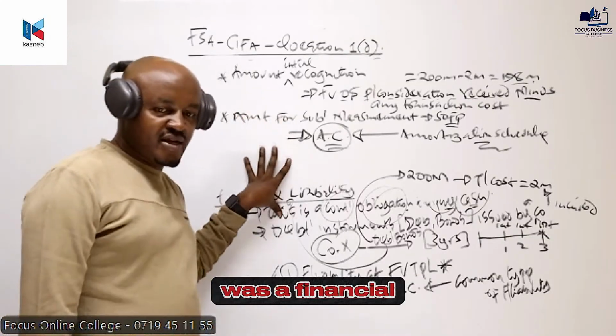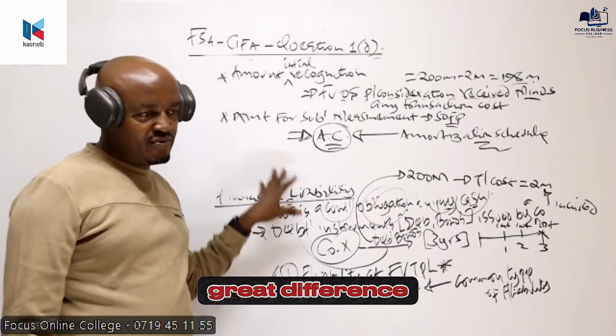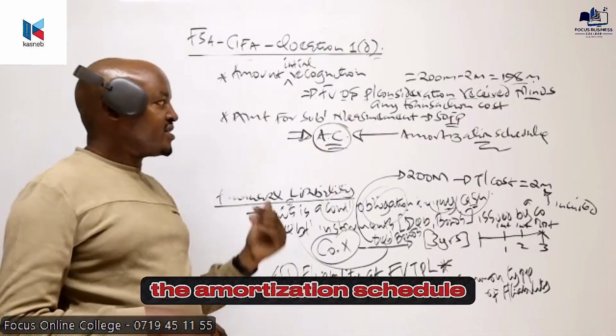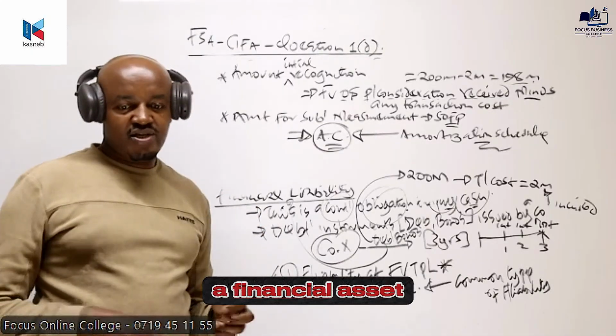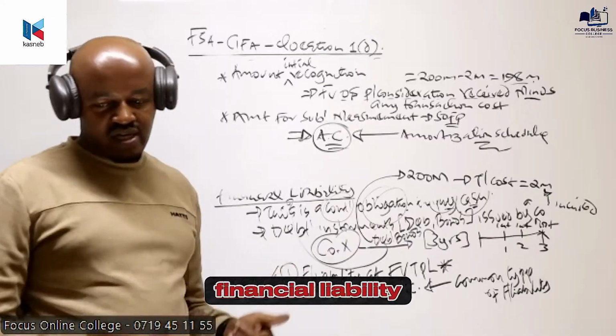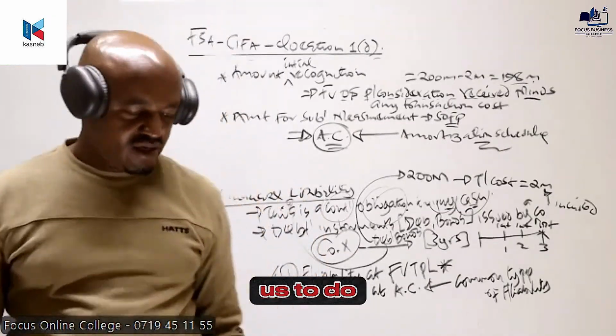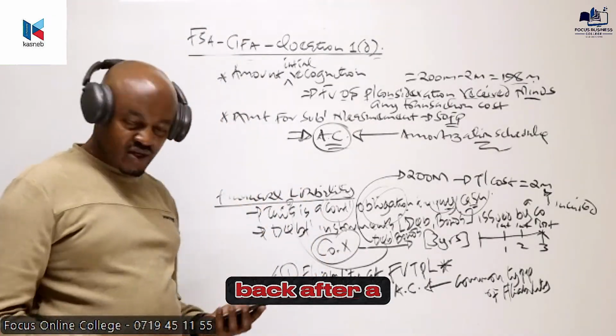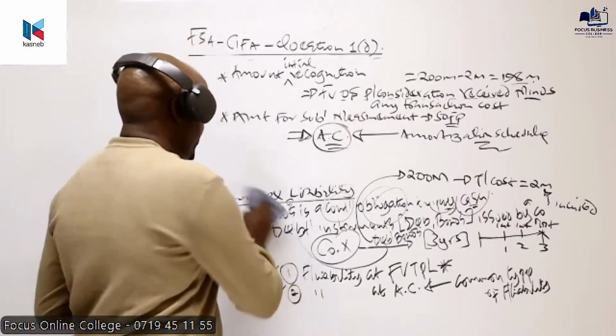What we dealt with in the other question was a financial asset. We will see there is a slight difference in how we prepare the amortization schedule for a financial asset and for a financial liability. So I want us to do a question on this once we come back after a short break.